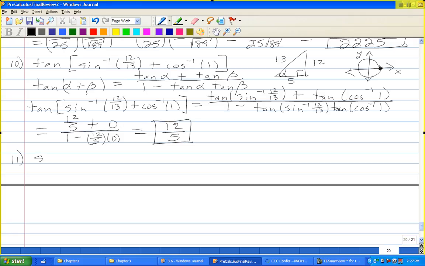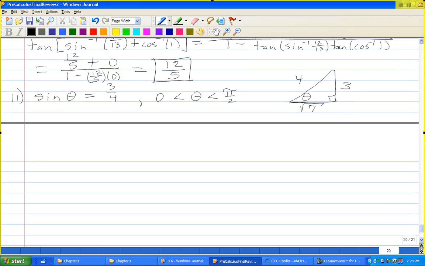If sine of theta is 3/4 and you're in the first quadrant. So theta is 3/4. 7 plus 9 is 16.